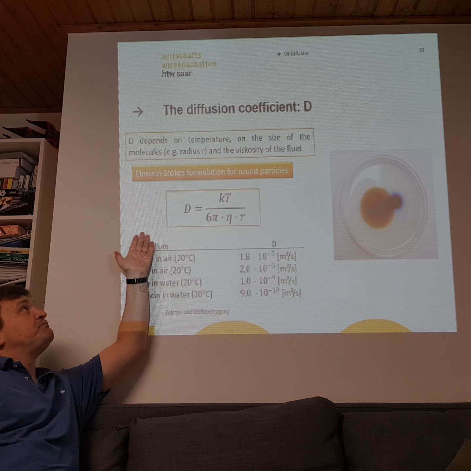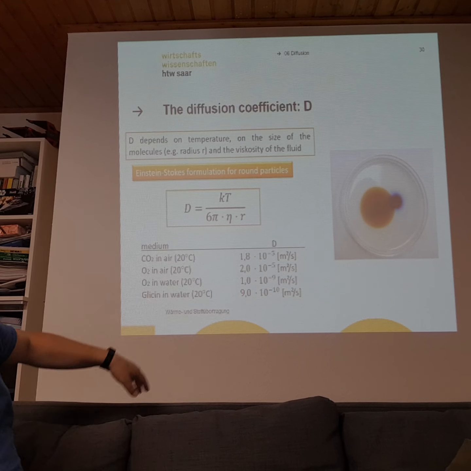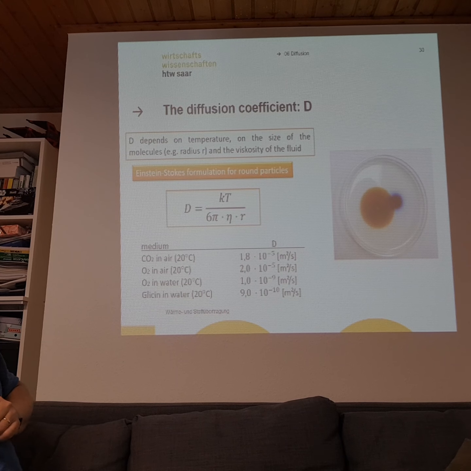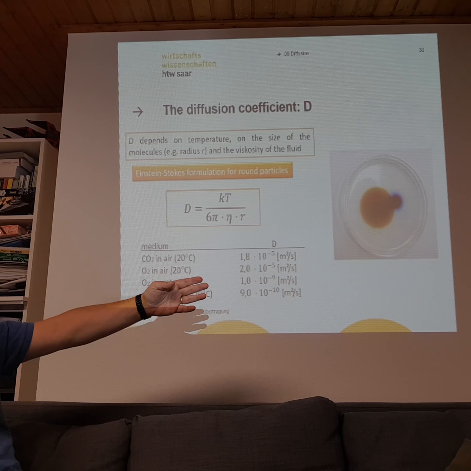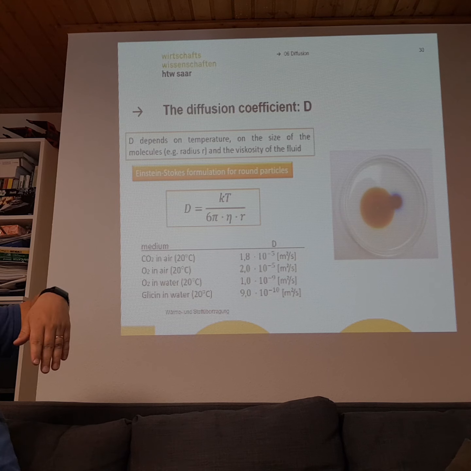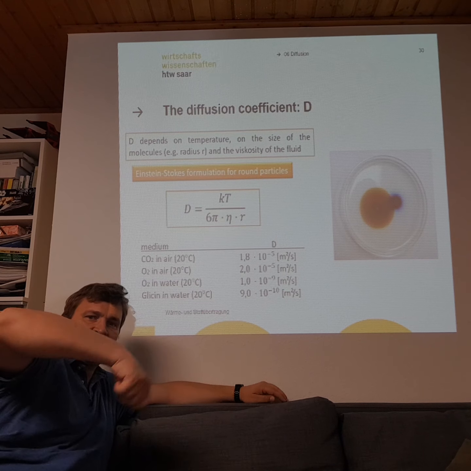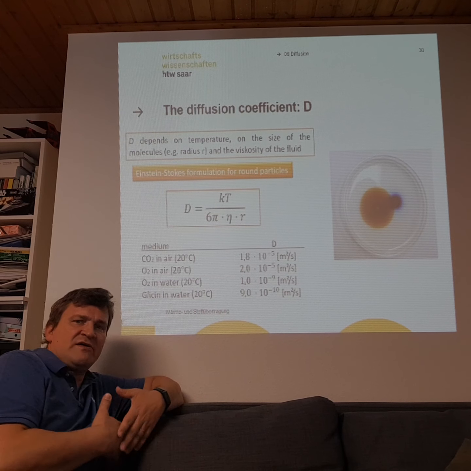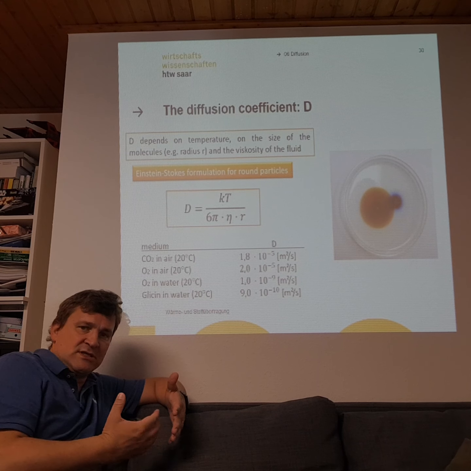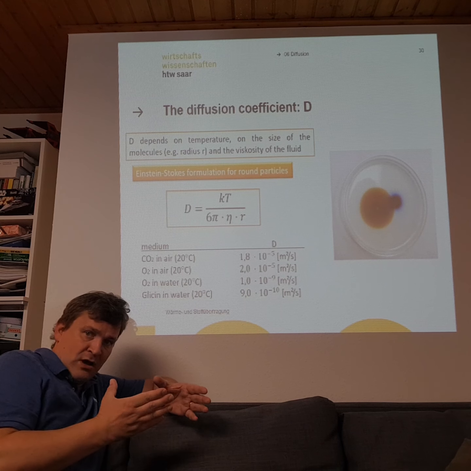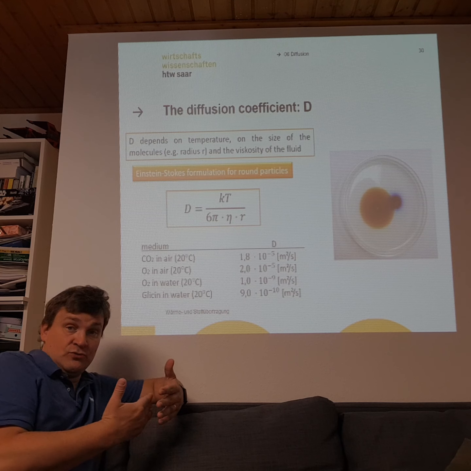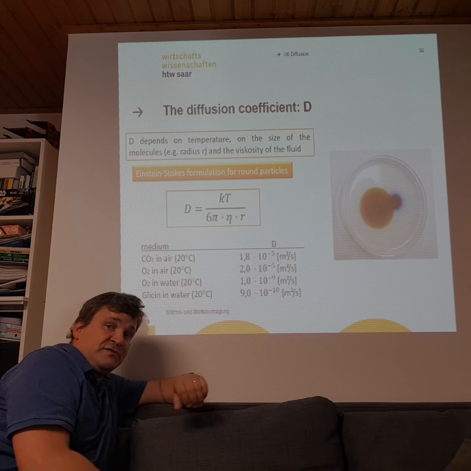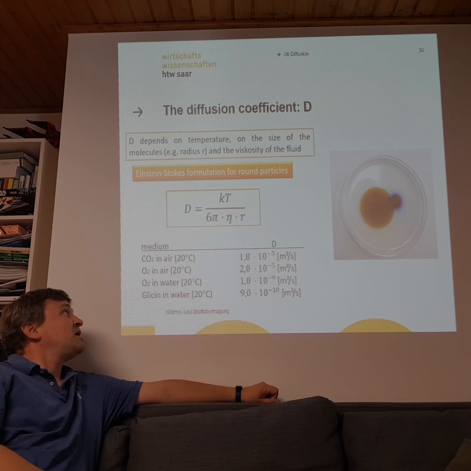If you have a glass and we put some ink or some particles inside, even if you don't stir the glass, you have no convective flow inside the glass, everything is calm, you will have this diffusion movement of the particles.